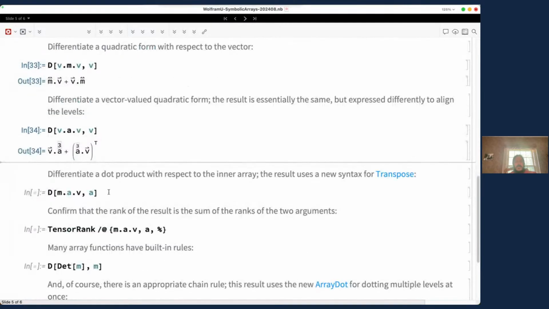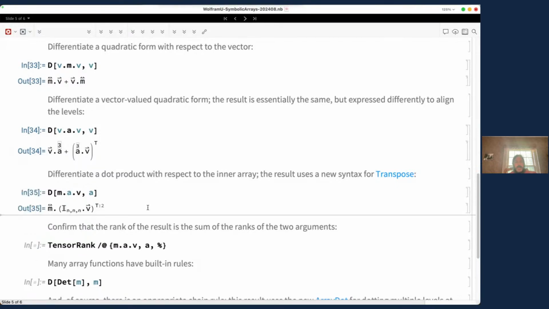Now let's differentiate a dot product m.a.v with respect to A, and we get m dot, and then we get this funny looking t colon thing. So this t colon means two argument transpose, and this 2 here is a new syntax for transpose, which basically means slide everything over by two spaces.